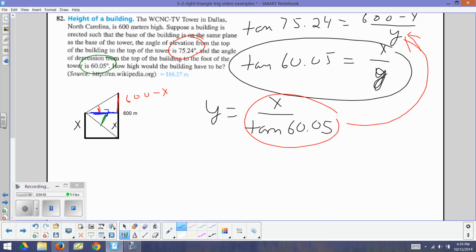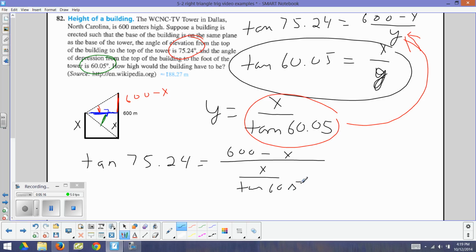Let me write what I have. The tangent of 75.24 is equal to 600 minus x over, instead of y, I'm going to put in x over the tangent of 60.05.